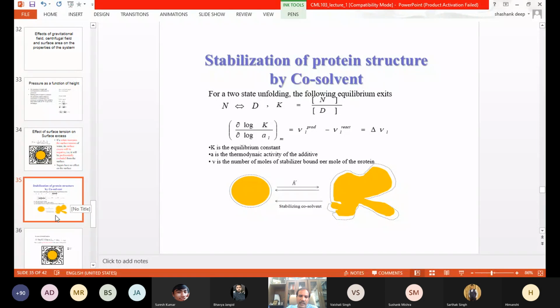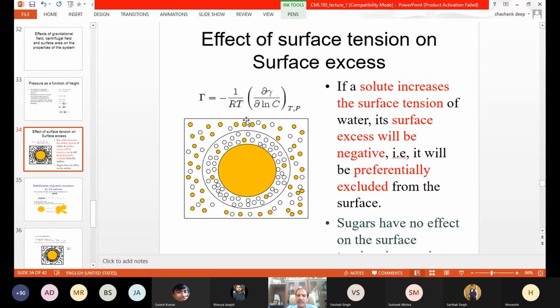Okay, so this gives you an idea of how to stabilize, suppose, a protein in a lab. For example, what does this tell? This is your surface tension, this is surface excess. LnC here is the concentration, and this is surface tension. If a solute increases the surface tension of water, its surface excess will be negative.